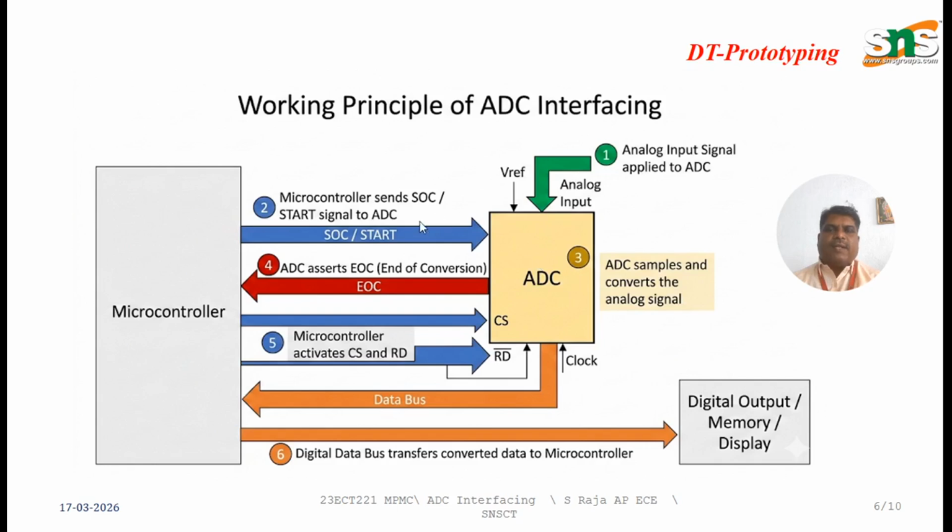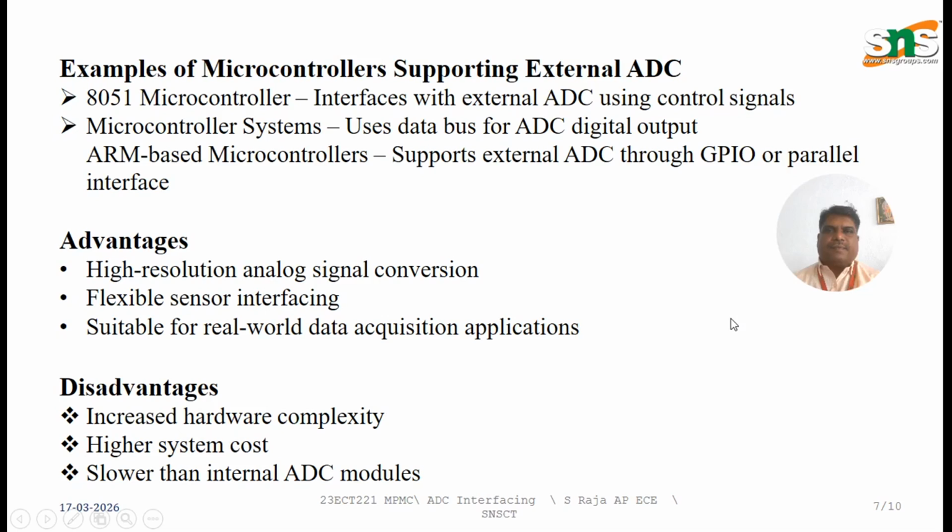Second, the microcontroller sends the start conversion signal to the ADC, because it wants to get this information in digital form. The ADC converter samples and converts the analog signal into a digital signal, then sends the end of conversion signal. Once conversion is completed, the microcontroller activates chip select, for either a read or a write operation. Based on the data bus selection, the output is displayed in digital output memory or on the display side.